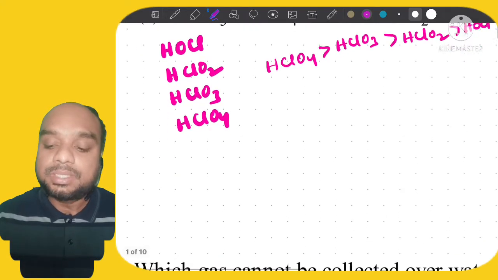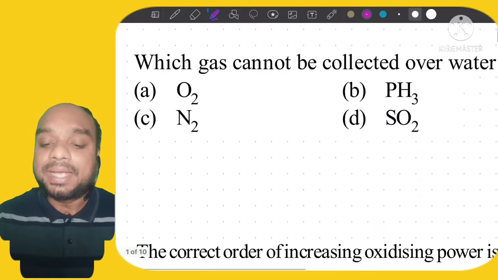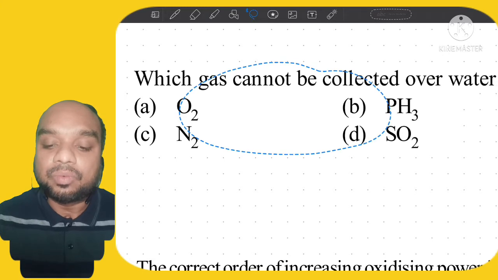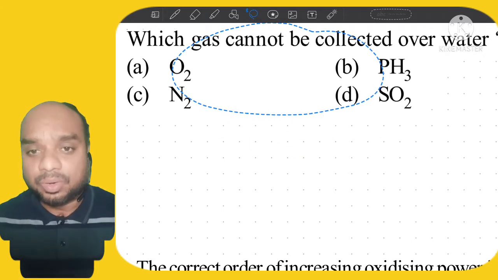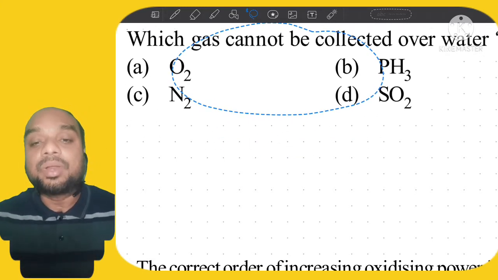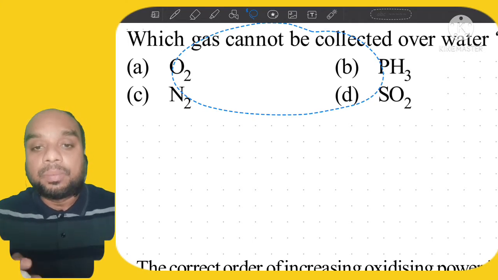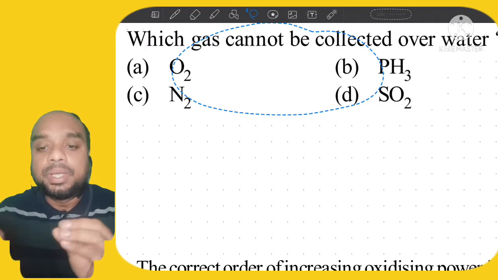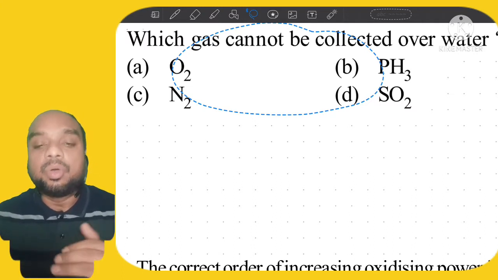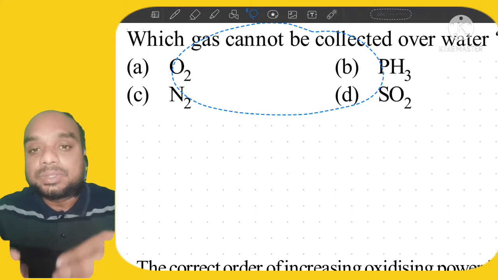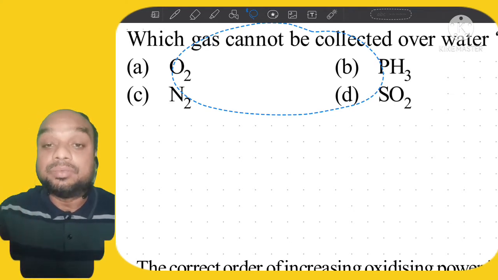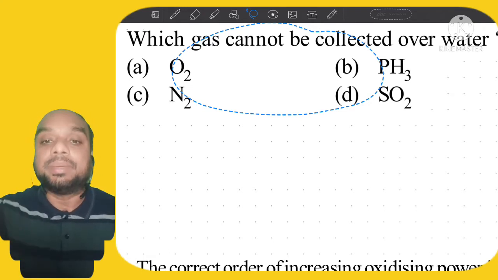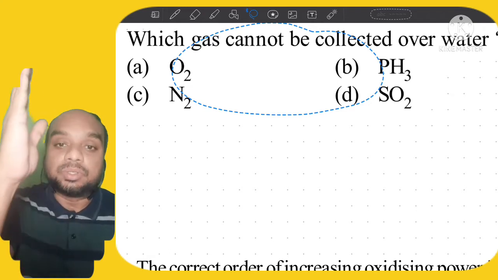Next question. Which gas cannot be collected over water? What does collecting over water mean? Generally, after preparation of gases, we pass those gases through water to remove impurities. When we pass the gas through water, the impurities which can dissolve in water will dissolve, and the remaining gases come outside.